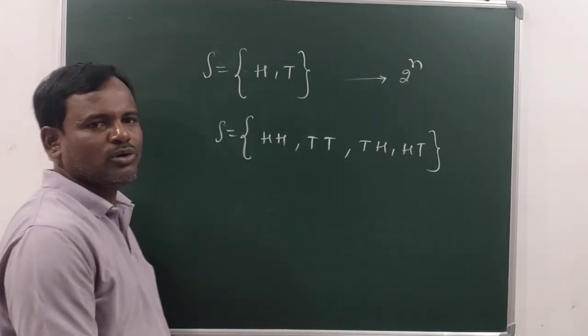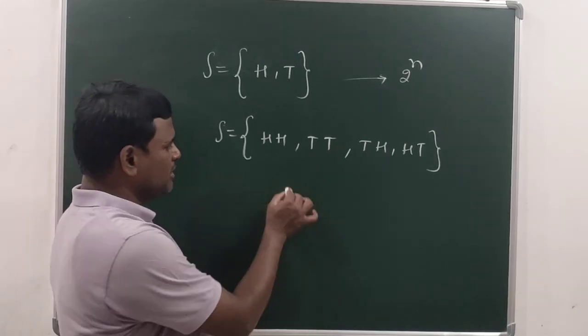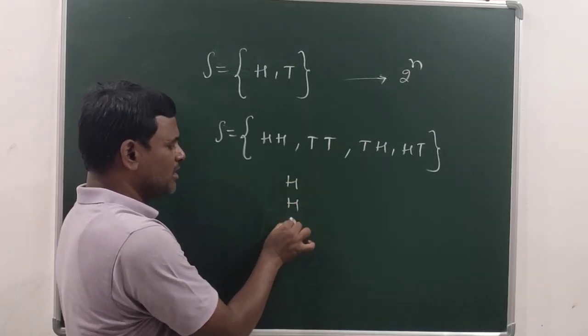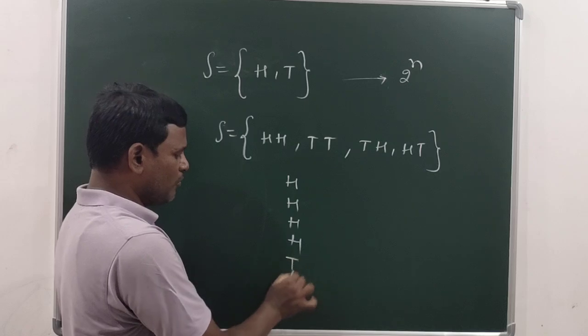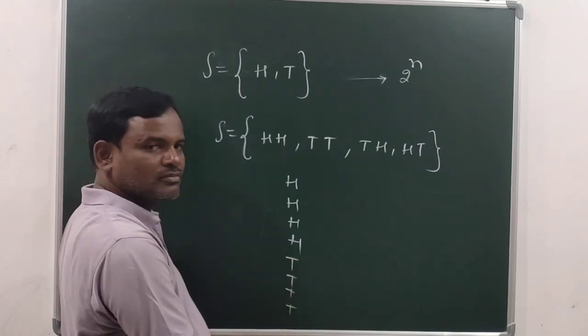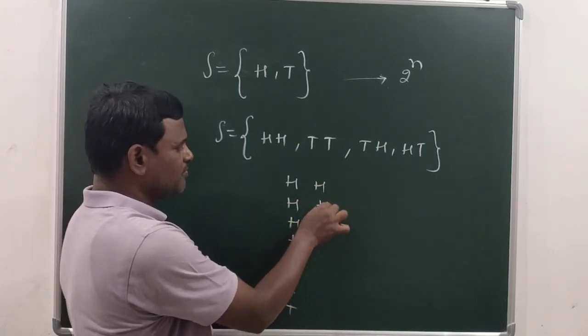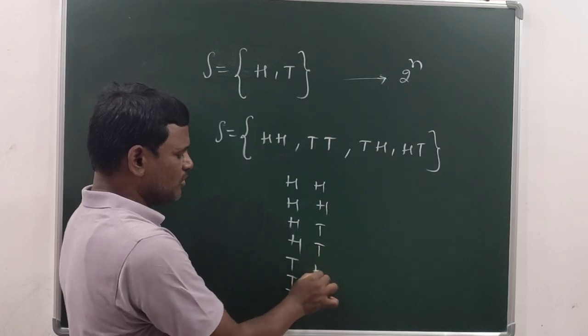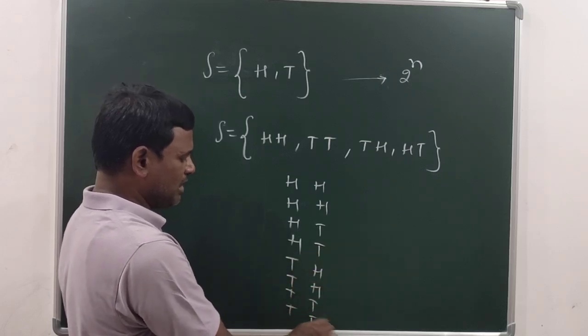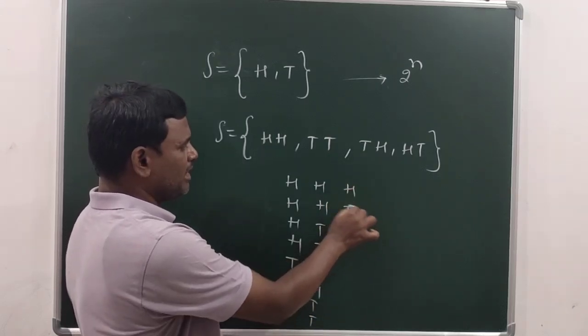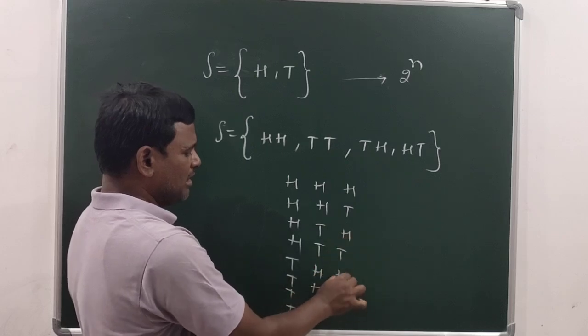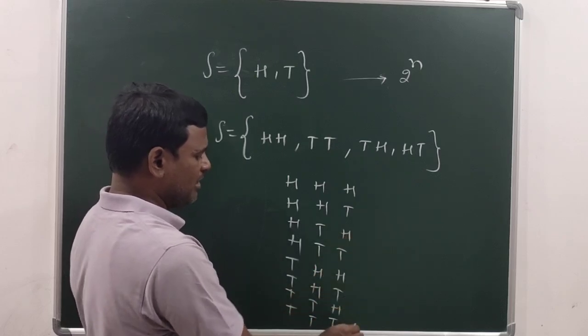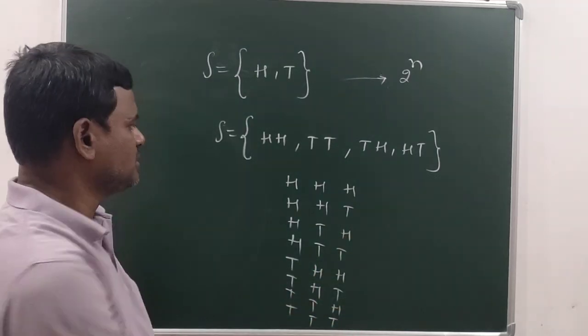Okay. See, if you throw 3 coins, you get the sample space like this. Write 4 heads and 4 tails, and 2 heads, 2 tails, 2 heads, 2 tails, 1 head tail, 1 head tail. Like 8 possibilities.